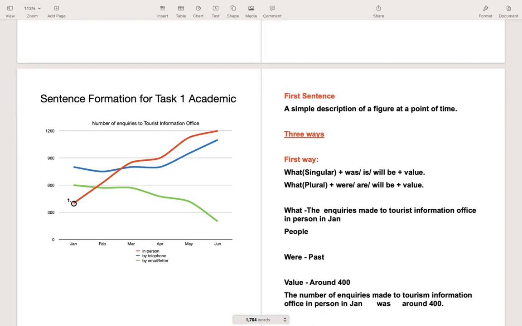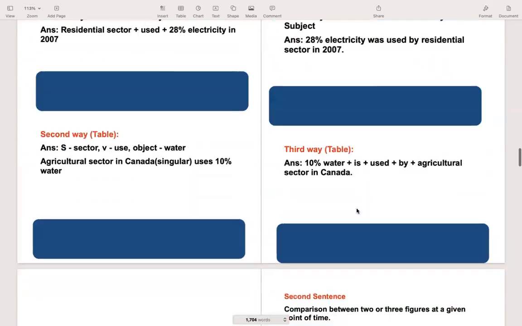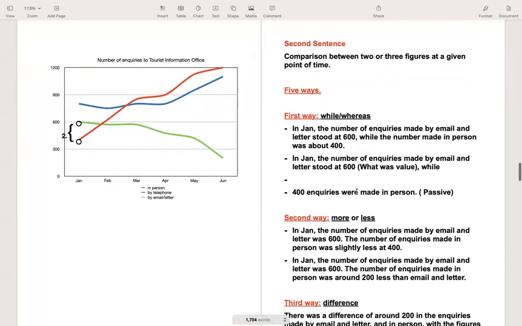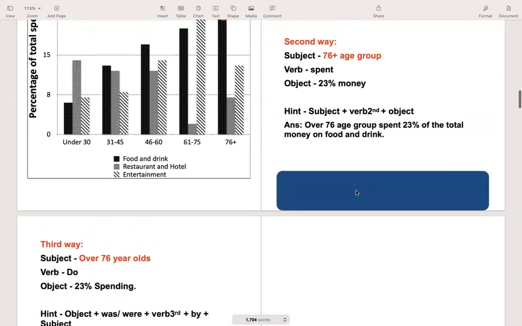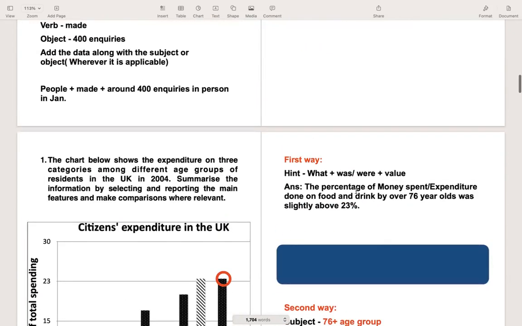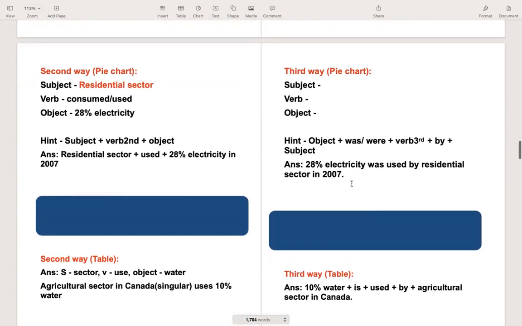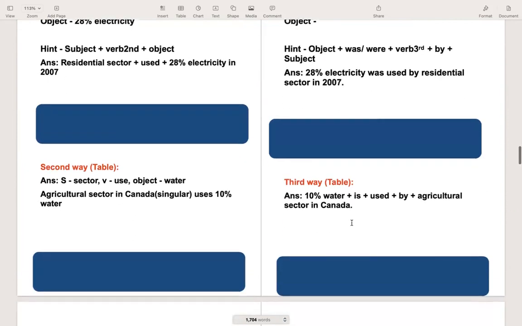So I have a question. If we come back to the previous sentence, 28% of electricity is used by the agriculture in Canada.